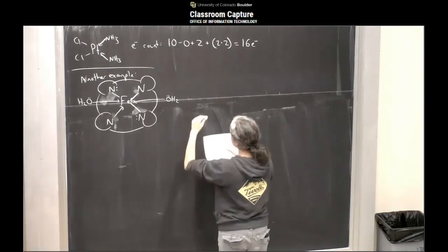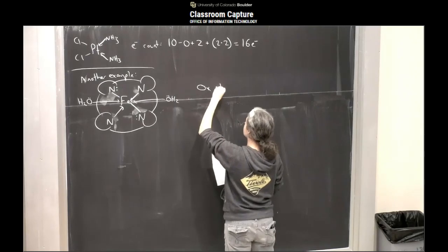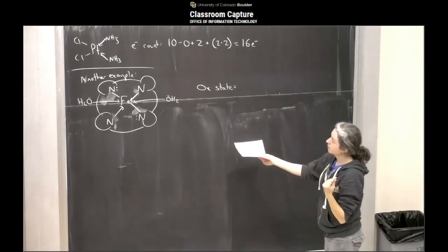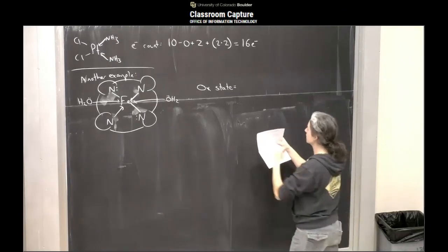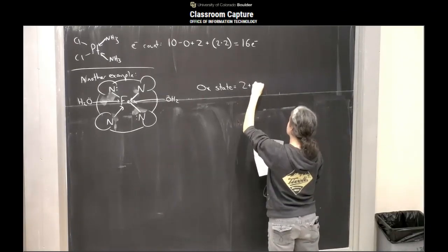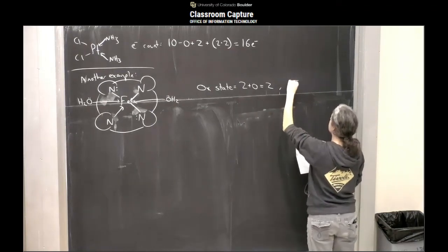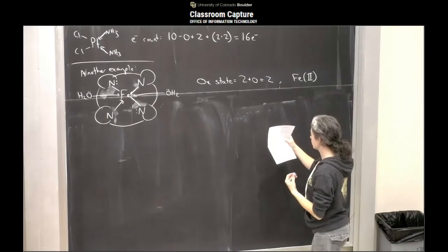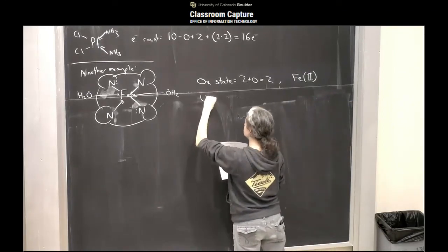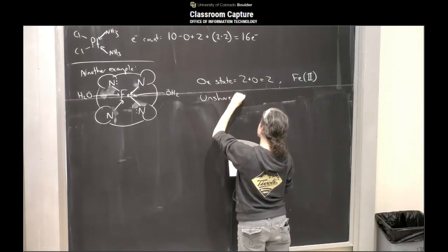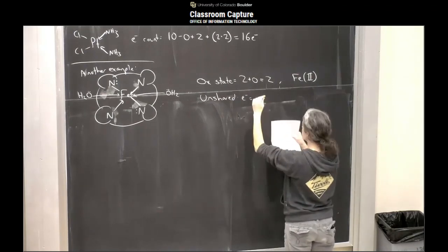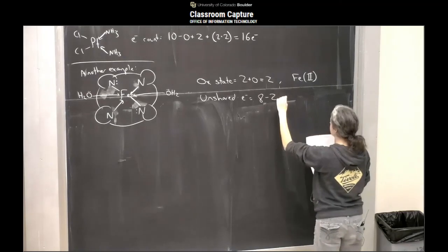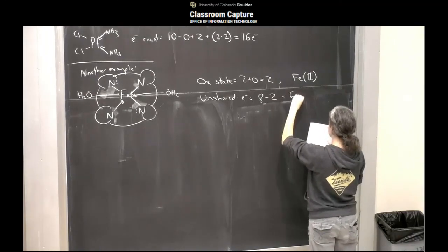Okay, so here the oxidation state. Iron is shown with no formal charge on it, so it's neutral, but we got 2 X-type ligands on it. So the oxidation state is 2, or iron Roman numeral 2. Unshared electrons here is going to be 8 for neutral iron, minus 2 for the oxidation state is 6.